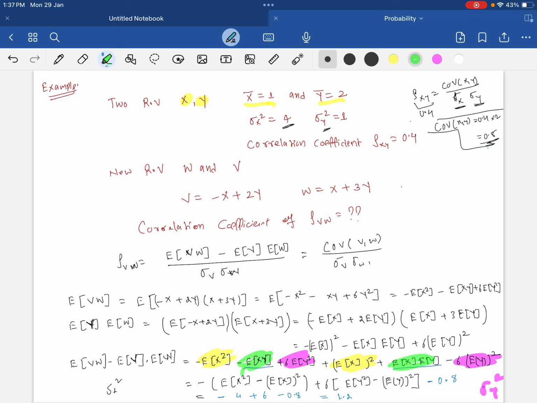If you look, these green ones are nothing but the covariance, right? So minus times the covariance.